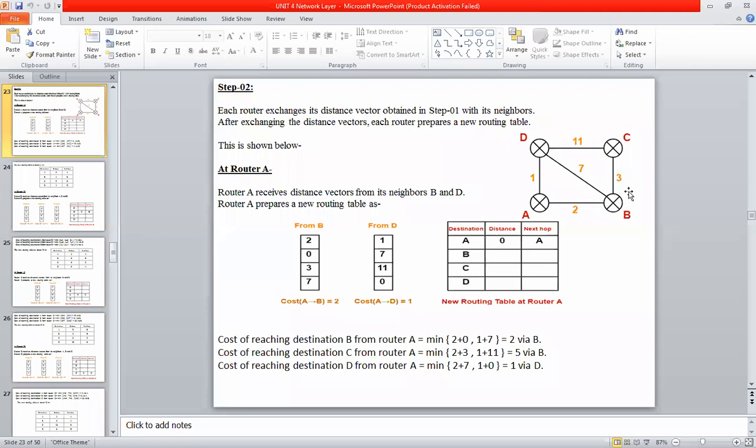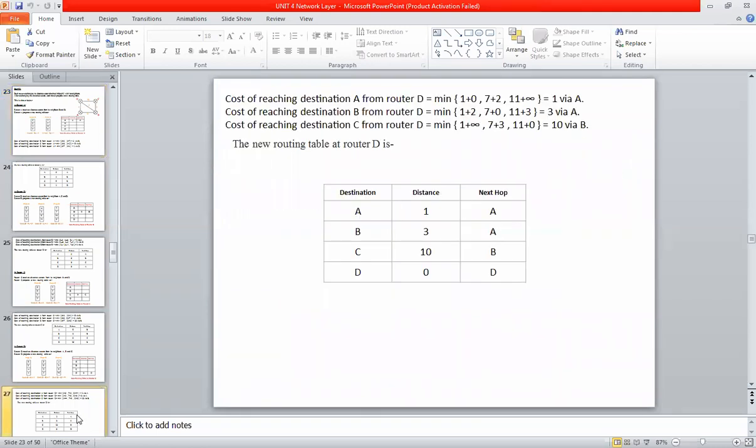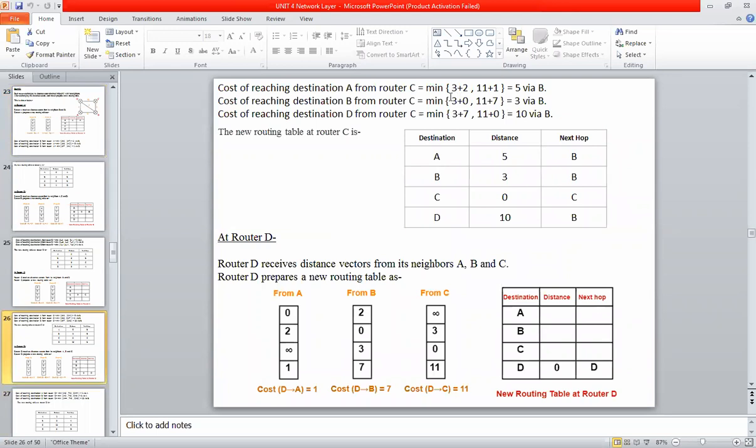C to B is 3, which is the minimum one. So you have to consider this one as 3 only. 3 plus 0, comma, 11 plus 7. So only 3.